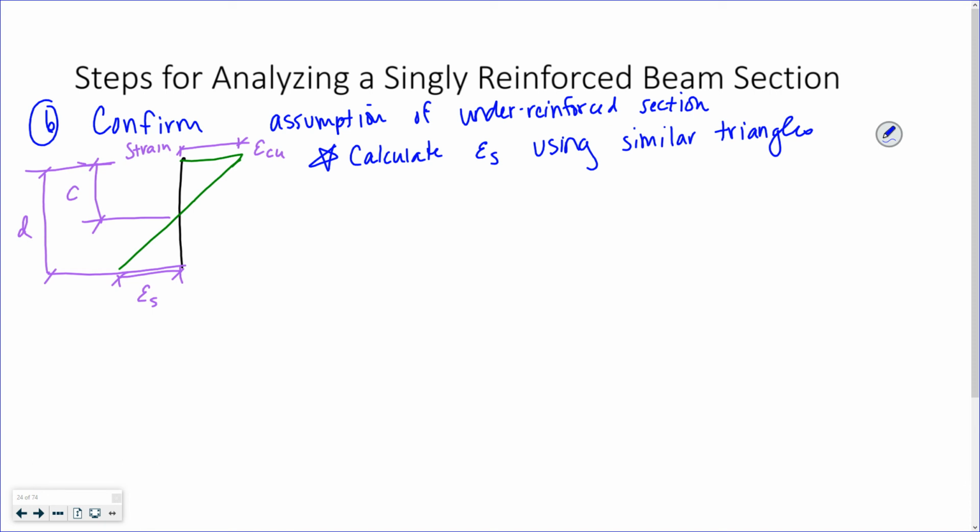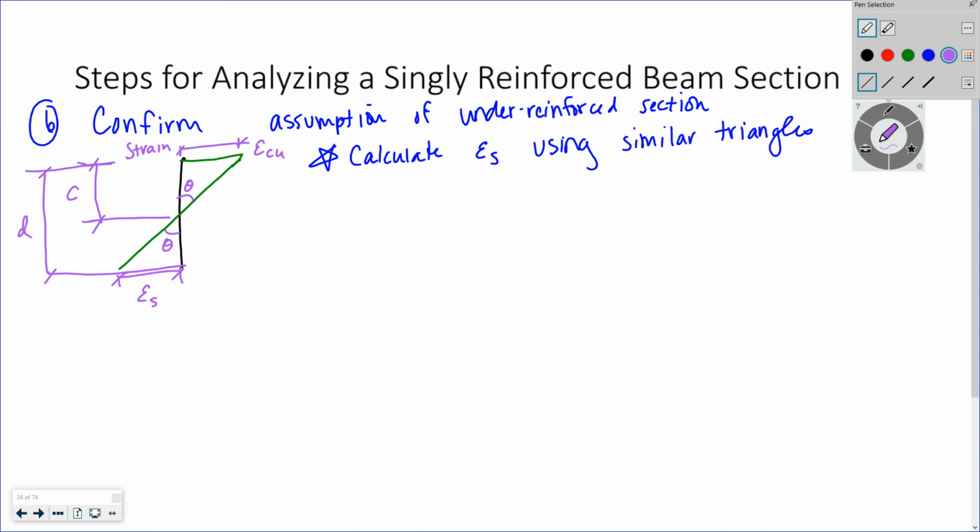This triangle and this triangle have the same angle theta right there, so what can I do?